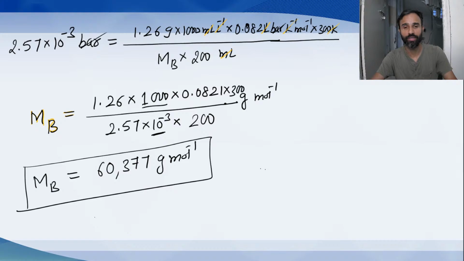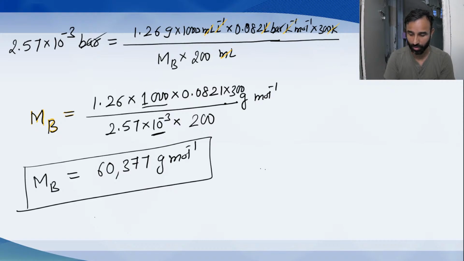Is it correct? It should be, in liter bar per Kelvin per mole, 0.0821. So we have 60,377 gram per mole.